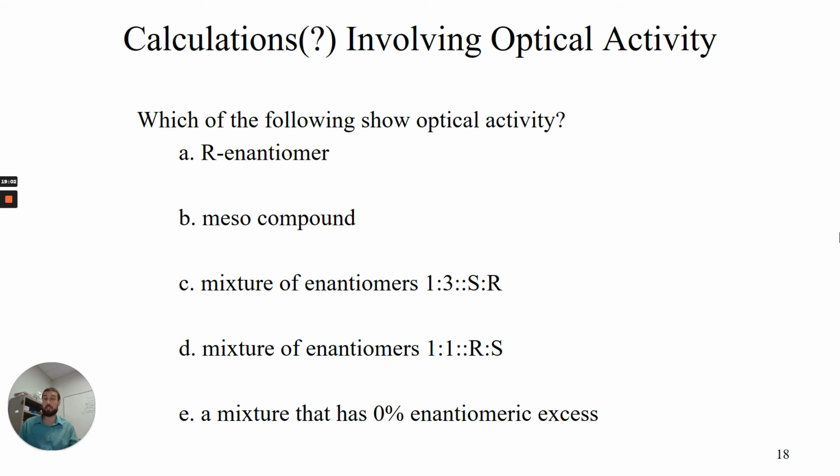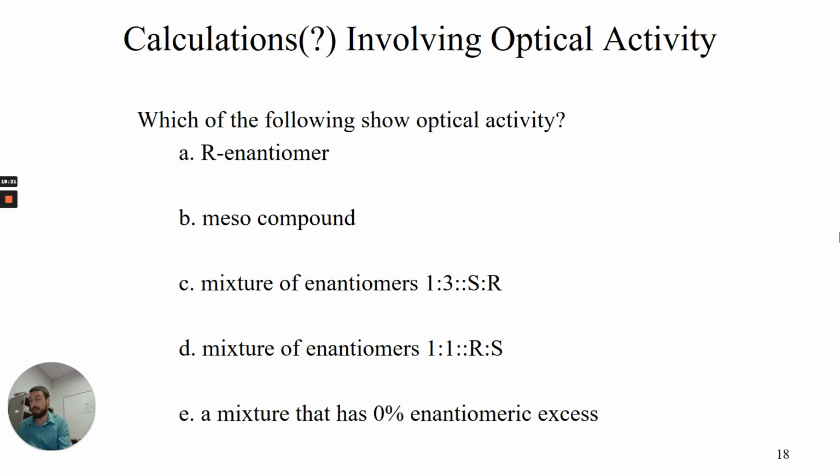Last one on the list, a mixture that has a 0% enantiomeric excess. That means there's no excess of one over the other. Oh, that's the same as D. That's a 1 to 1 mixture. Yep, it is. In that 1 to 1 mixture, we would then again say no optical activity.